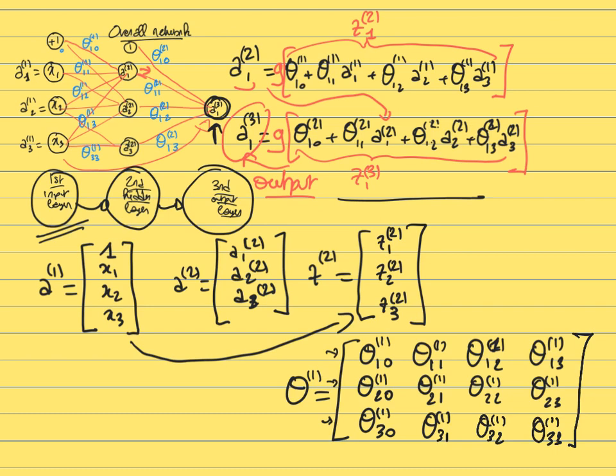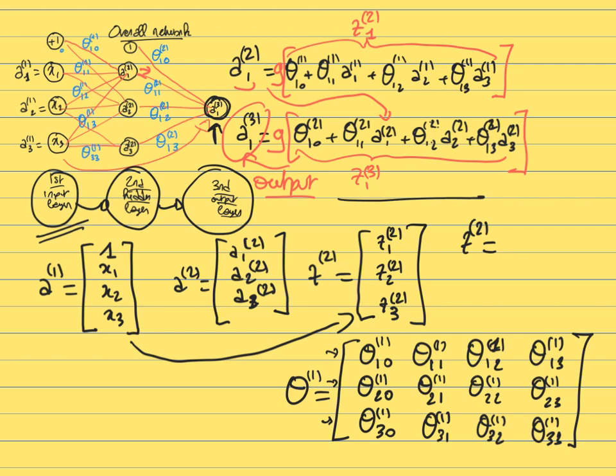And once you have this vectorial form, then it's very easy to write how you go from one layer to the next, because now you can say that the vector z in layer number 2 can be obtained just by doing a matrix product.